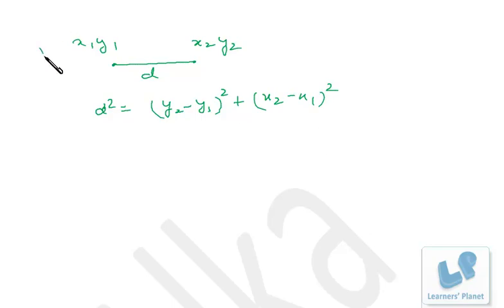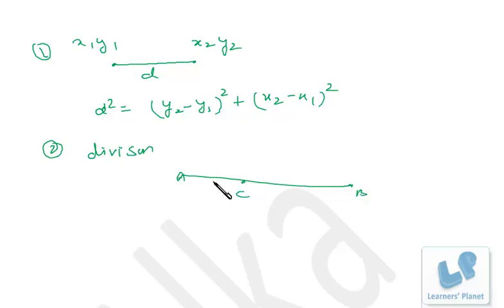Okay, next is division, right? Suppose I have a line, maybe A and B, and this is the point C that divides this line in the ratio m1 m2, right? Coordinates of this point are x1 y1 and x2 y2, and coordinates of this point may be, suppose, x and y.